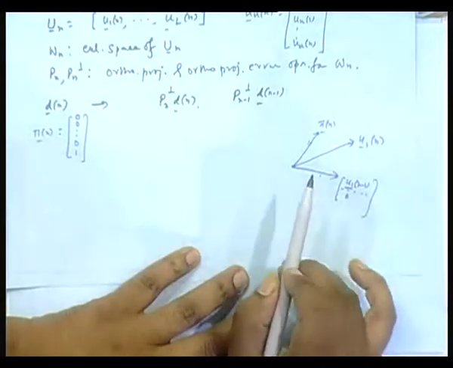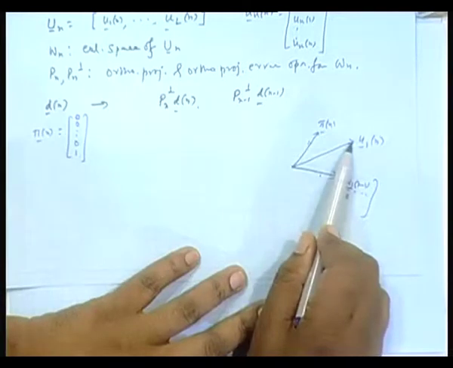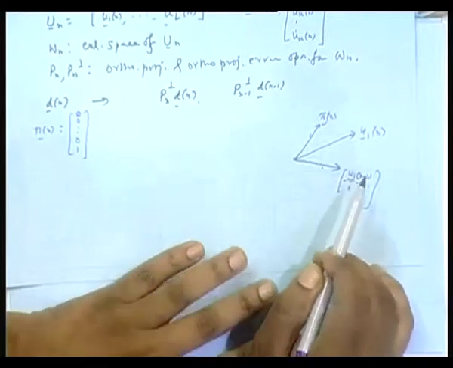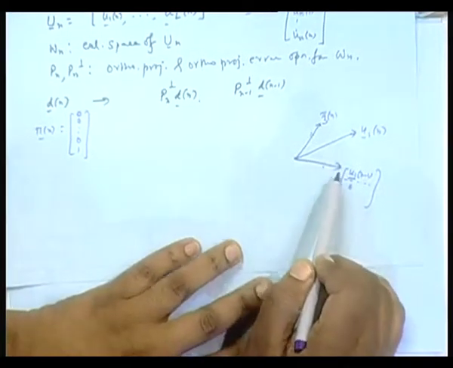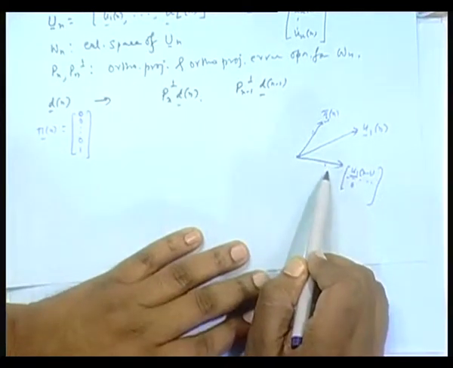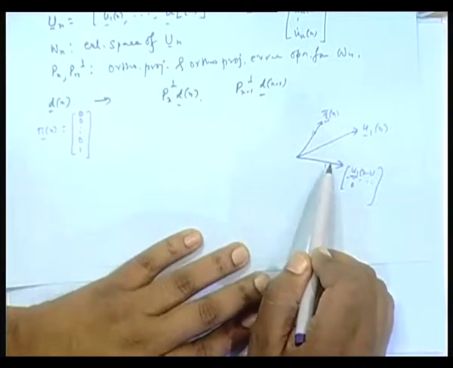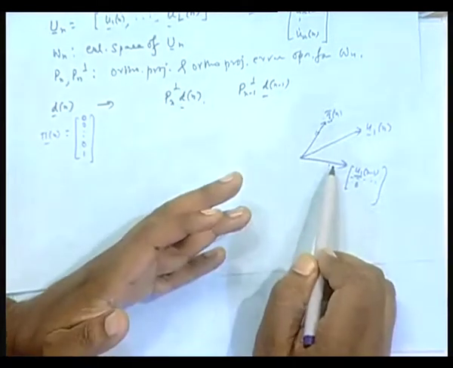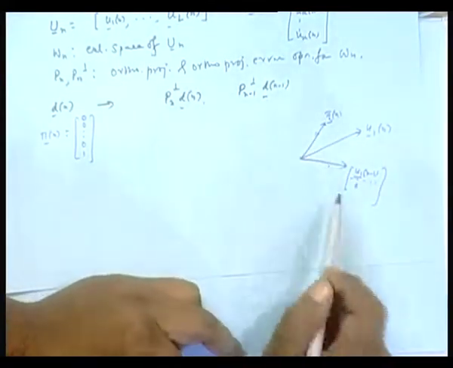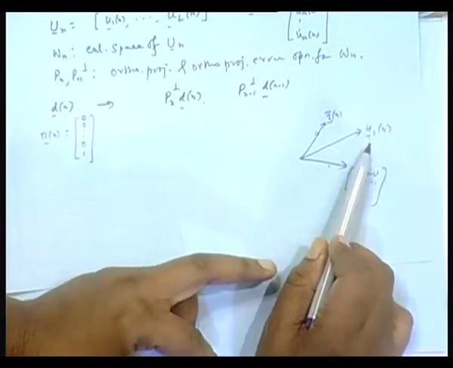My claim is, if you consider U1 n and P n, or to start with, if you consider P n and this vector, and the space spanned by these two, or using real life geometry, the plane containing these two. In vector space, we call it the space spanned by these two. In real life solid geometry, we call it the plane containing these two. Both will be the same thing. In that plane, any vector will be a linear combination of these two vectors. My claim is that it contains this vector, first claim.